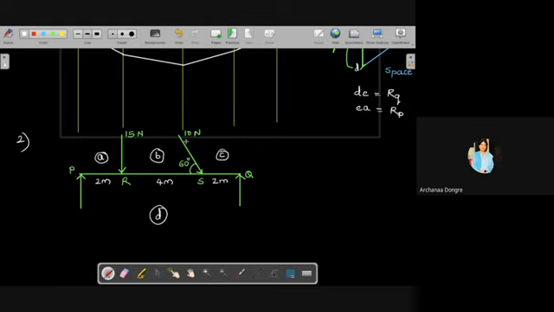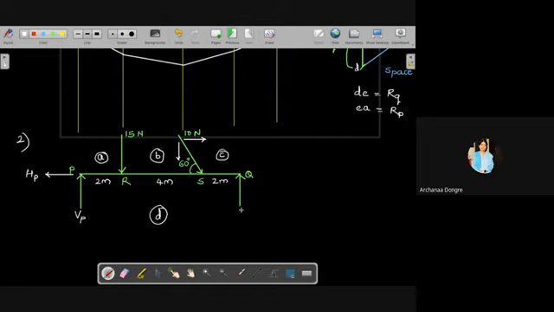And because this load will have two components, there will be a horizontal reaction as well. Okay, so let's say VP, HP.